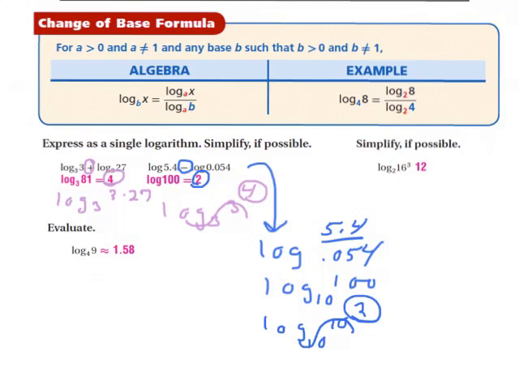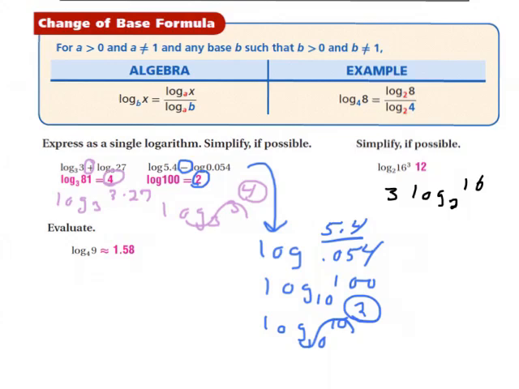Alright, so let's go to one more problem here. In looking at this one, I want you to see we have a 3 up there. You can bring that 3 out front, remember? So it's going to be 3 times the log base 2 of 16. Now, 2 to the what power is 16?